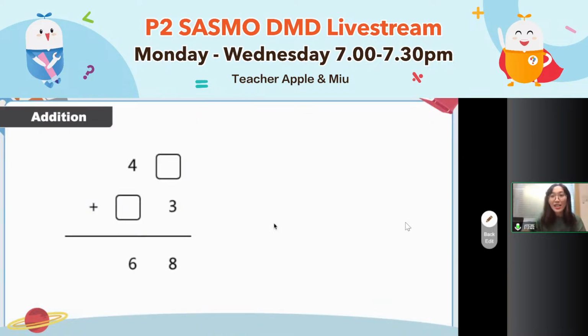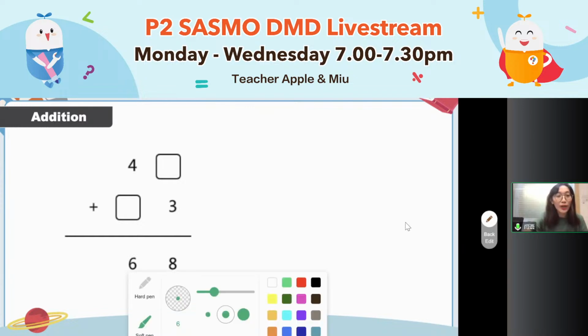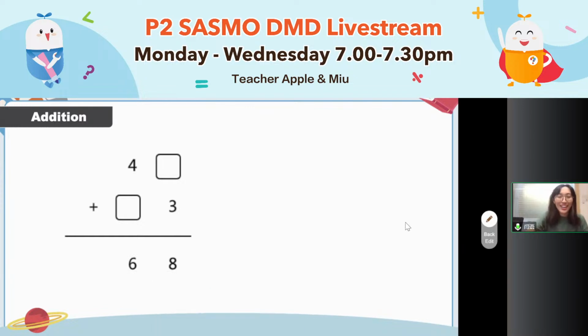Okay. So firstly, we start from a question. Let's try to find the missing number. Do you have any idea? 40-something plus something-3 equals 68. So for such a question, where should we start from? Everyone, pay attention to the operator first. That is the plus. After that, do you have any idea what the missing number is here?